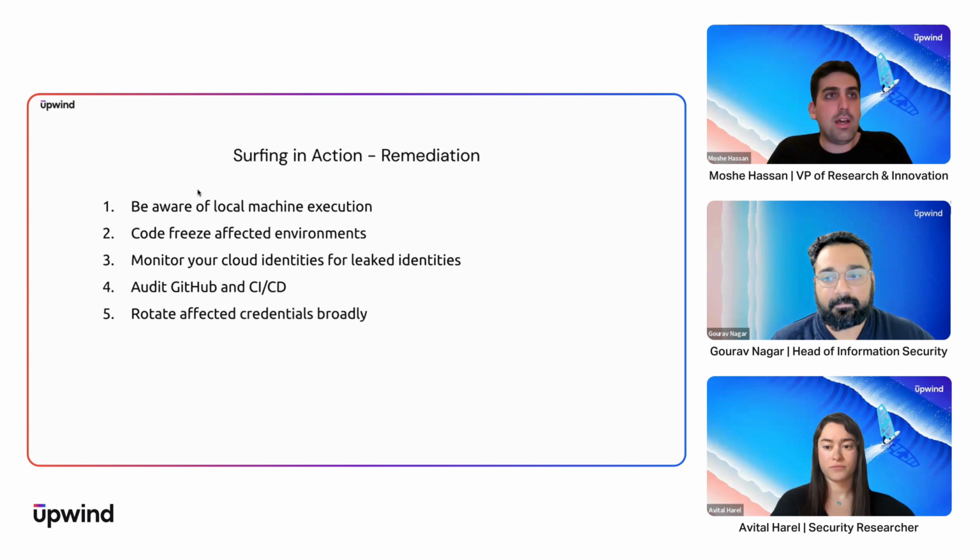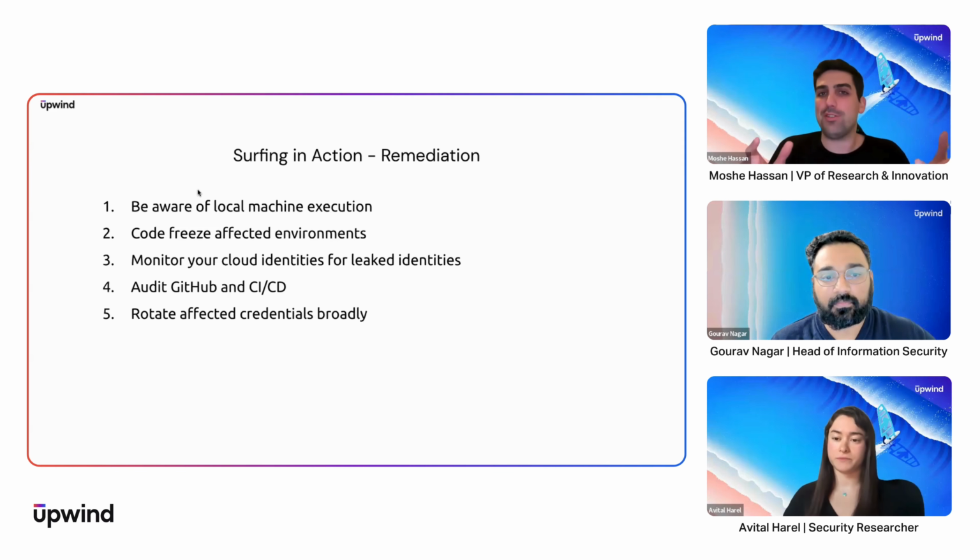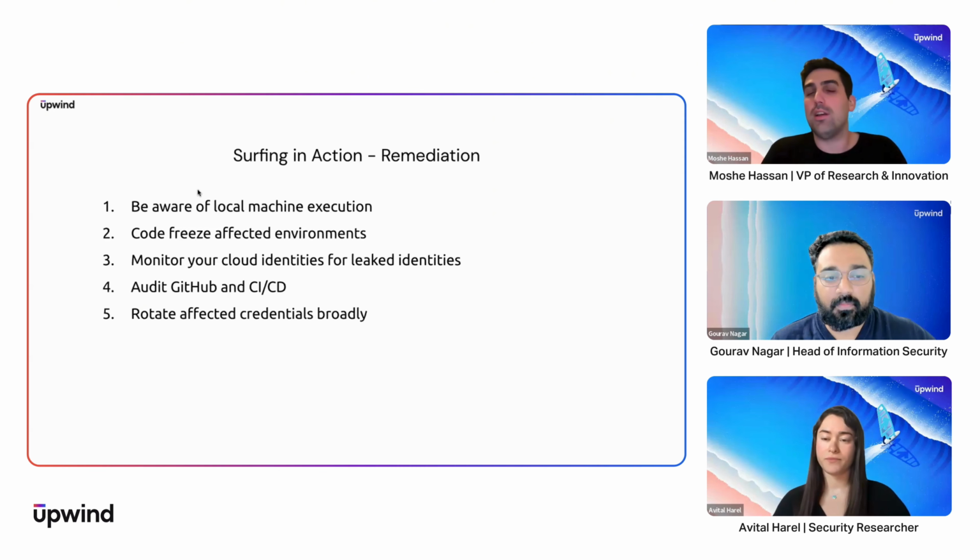Interesting. I remember going out with a Fortune 500 customer, and he told me we see it all over around our runners, and I was like, okay, we need to code freeze the system. It was crazy, and I think it's a necessary thing to actually stop for a few hours because of the exploitation, as it happened at the same time with multiple packages.